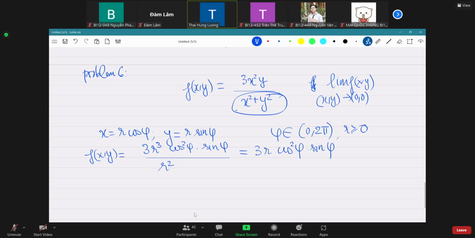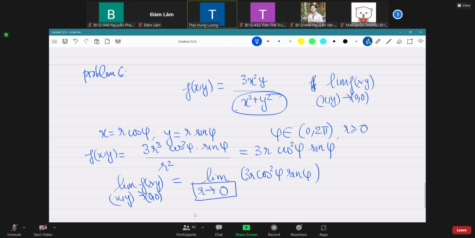So you see the limit of this function when x and y tend to 0, 0 corresponds to the limit of the function of r and phi. Let me recall that we still have a two variable function of r and phi, but the limit when this point tends to 0, 0 only depends on r.